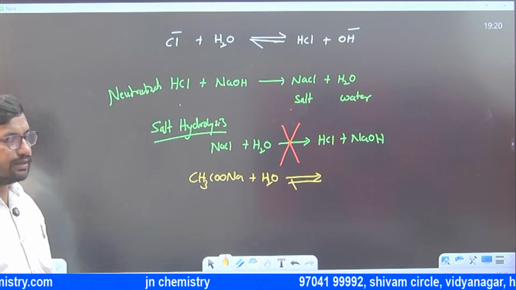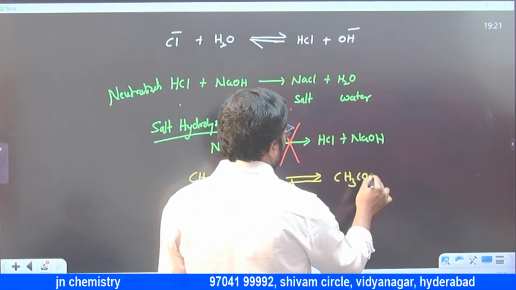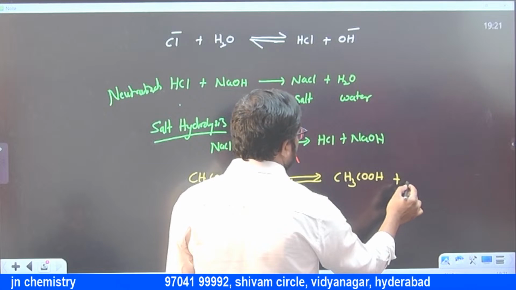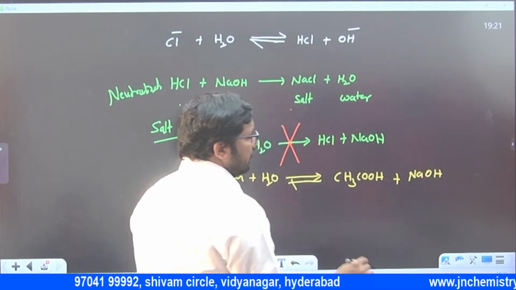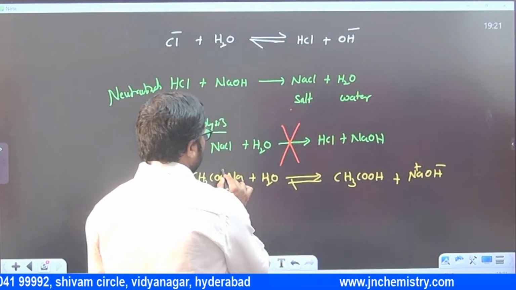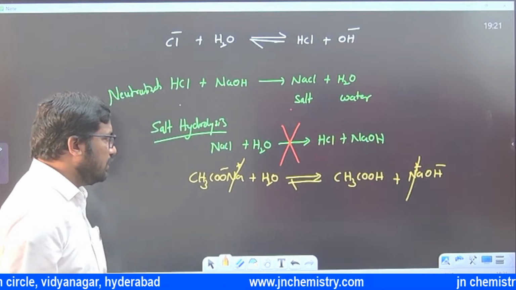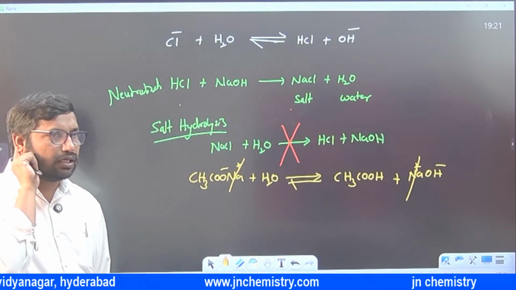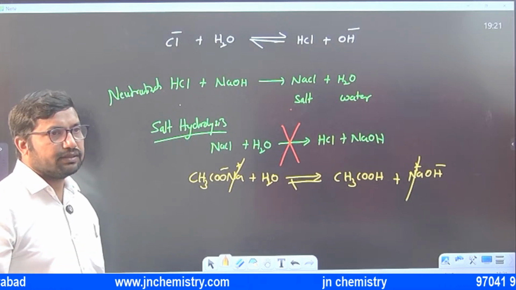This we can do the hydrolysis. Means what? What we will get? CH3COOH plus NaOH. But Na plus and OH minus, it is COO minus, Na plus, get cancelled. Means Na plus, a counterion of strong acids and strong bases, won't undergo the hydrolysis.